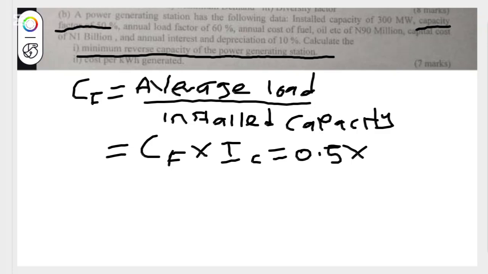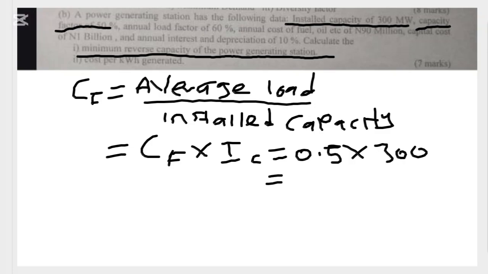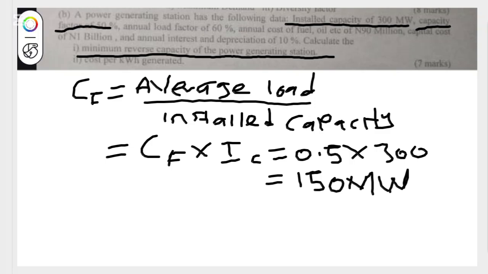It is 300, because from the question we have an installed capacity of 300 megawatts. So I will say multiplied by 300, and at the end it will be equal to 150 megawatts.